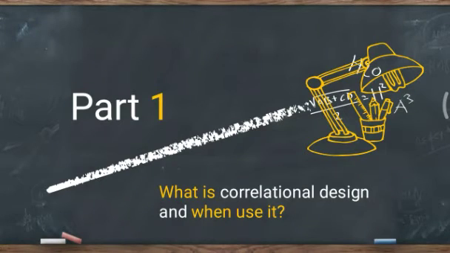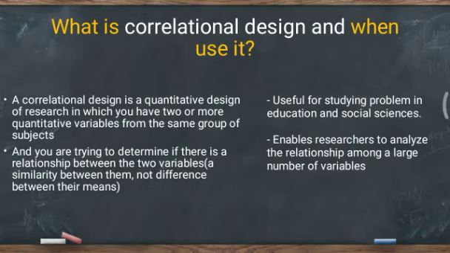Okay, I will explain the content in this chapter one by one. But what is correlational design and when to use it first? A correlational design is a quantitative design of research in which you have two or more quantitative variables from the same group of subjects, and you are trying to determine if there is a relationship between the two variables or similarity between them, not difference between their means.